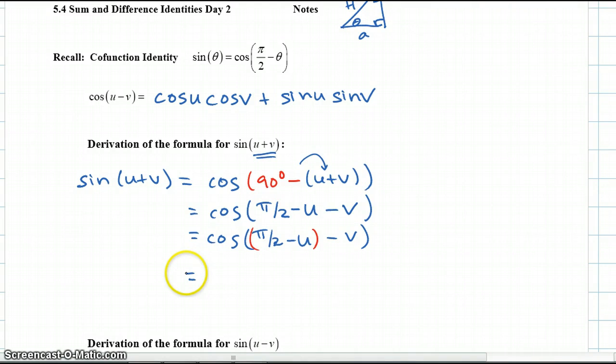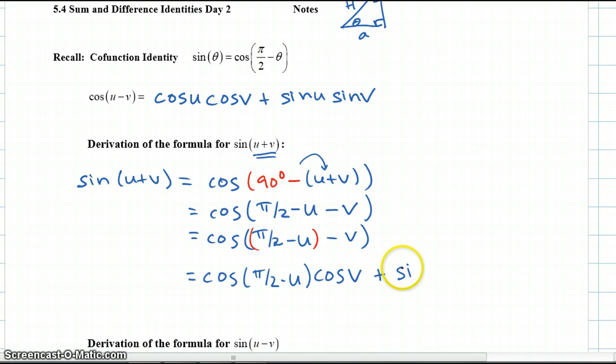That's equal to the cosine of pi over 2 minus u, that's cosine of pi over 2 minus u, times the cosine of angle v, plus the sine of pi over 2 minus u times the sine of angle v.